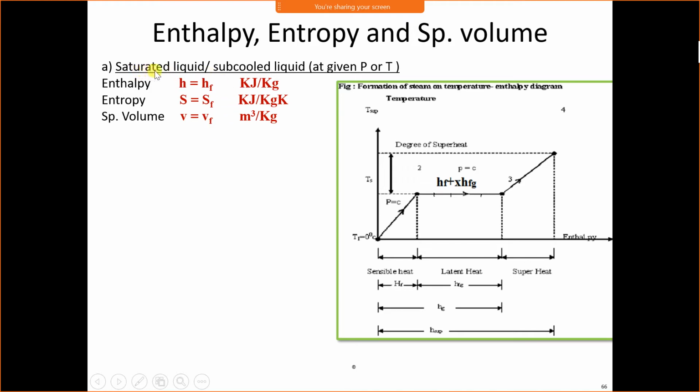If the liquid is given, then enthalpy of liquid is written as hf, entropy of liquid is sf, and specific volume is vf. F stands for liquid, and whatever values we take from the steam table will be in kilojoule per kg. Enthalpy is in kilojoule per kg, entropy in kilojoule per kg Kelvin, and specific volume in meter cube per kg.